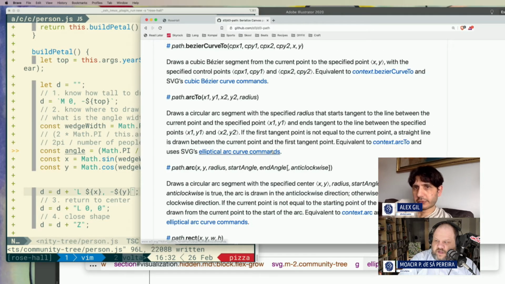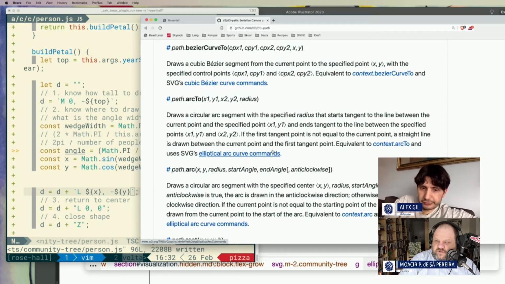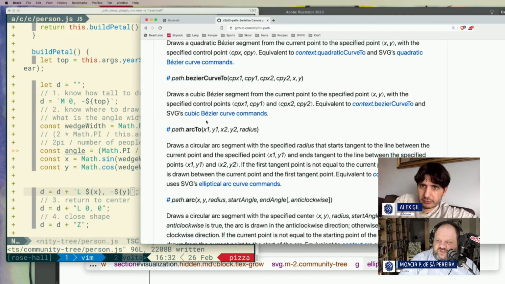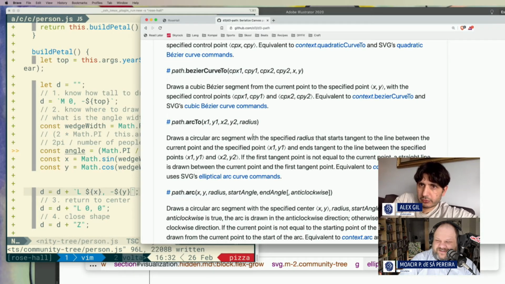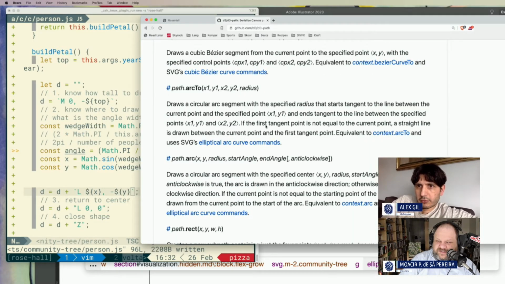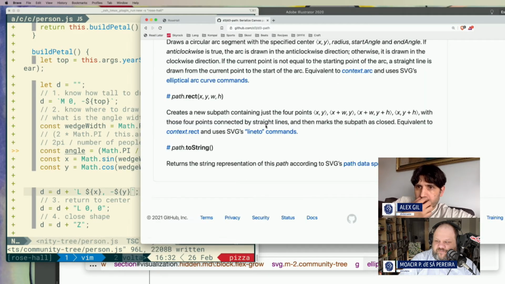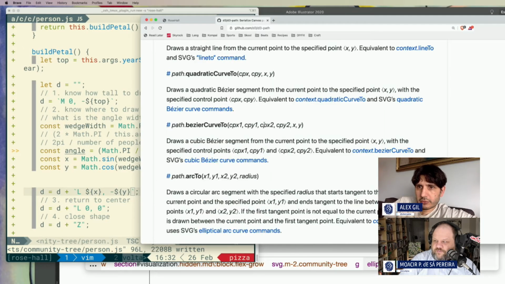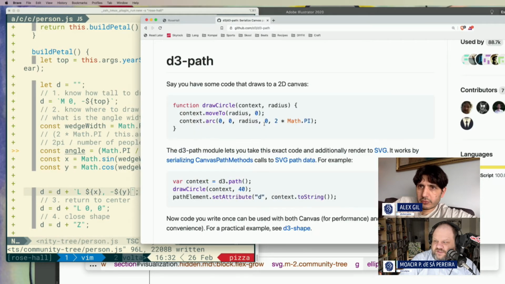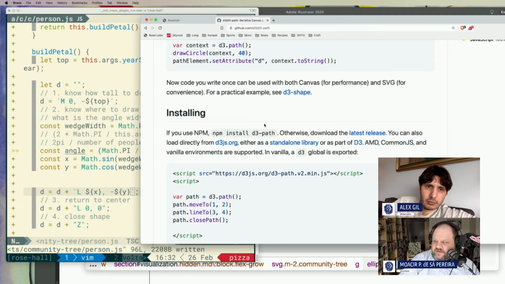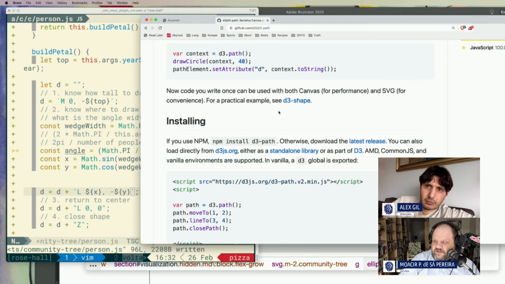Actually, they may even have a circular arc segment with a specified radius that starts tangent to the line between the current point. Yeah, so we could just use the arc here, probably, to get that. But I want the rad lines. I don't want these boring paths. I think it's D3 shape.